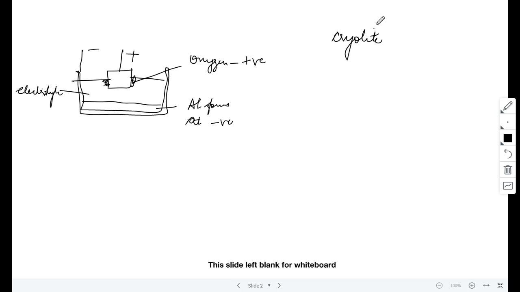Because cryolite lowers the melting point of the bauxite. Bauxite has a very high melting point, approximately 2000 degrees Celsius. But when you add cryolite, it gets back to around 900 degrees Celsius, which is a huge difference.